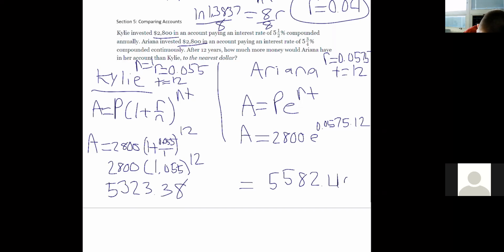5,582.40. Then they want to know how much more Ariana made than Kylie, so you would just subtract these totals from each other, the larger one first.